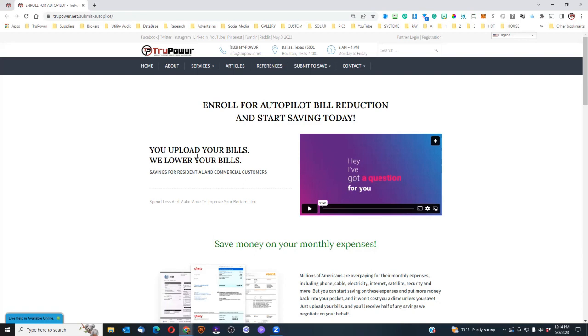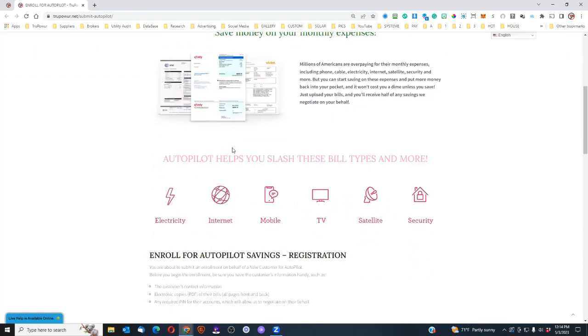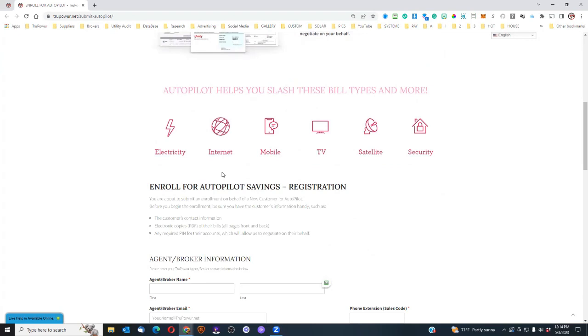The AutoPilot is a bill reduction where we don't go backwards and get a refund, but we actually look at what they're doing today and moving forward. And this is a service that is unique in the industry, that we do not change any of their services. So all of their services are going to remain exactly the same.